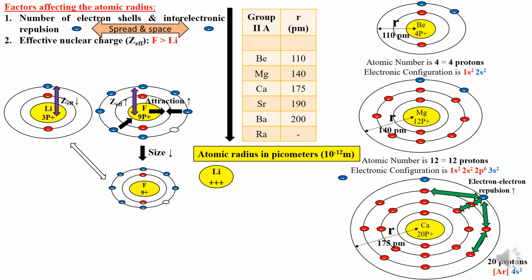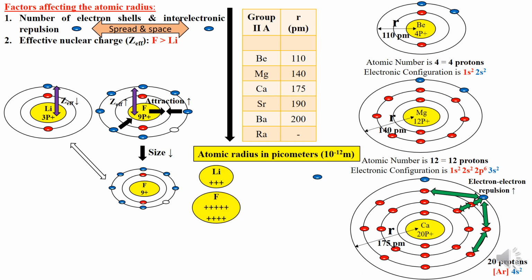and as a result, the size of the fluorine atom shrinks or decreases. Let me further simplify this explanation. Lithium has 3 protons in the nucleus. The valence electron experiences a very weak attractive force. So what about fluorine atom?